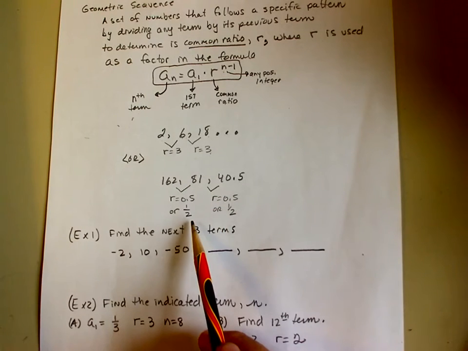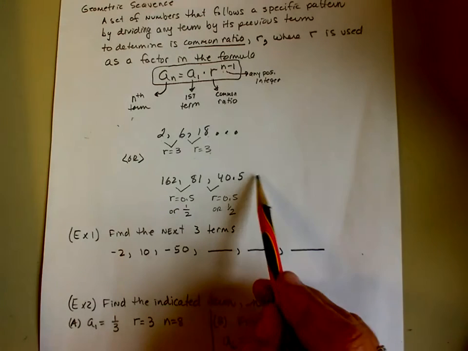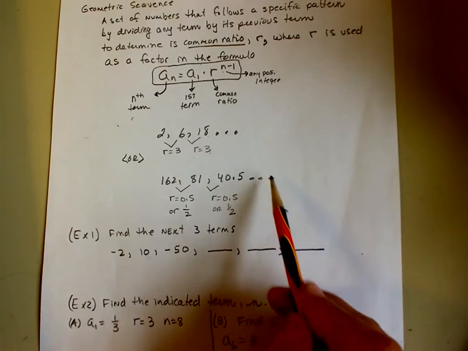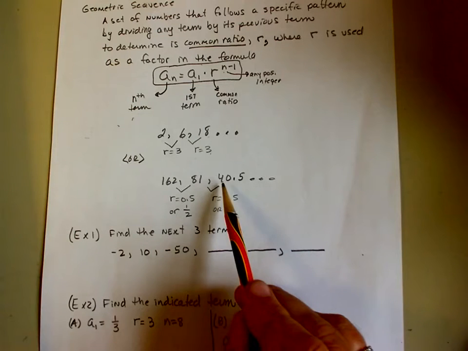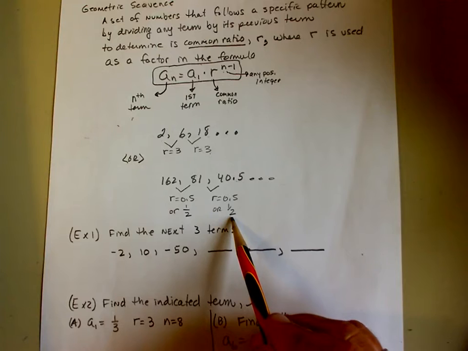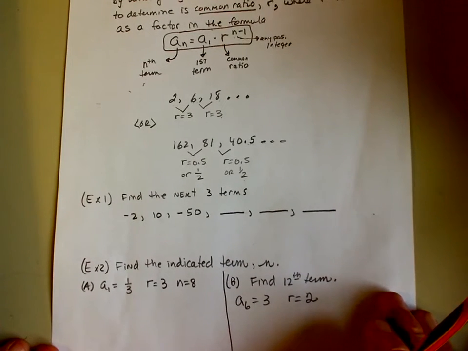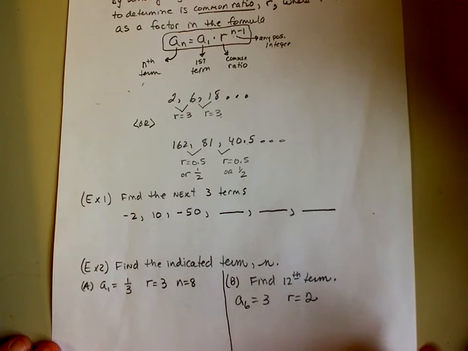So the factor here we will be multiplying by is 1/2 or 0.5. And again, if I want to find the next terms in the sequence, I would take 40.5 and multiply it by 0.5 or 1/2.